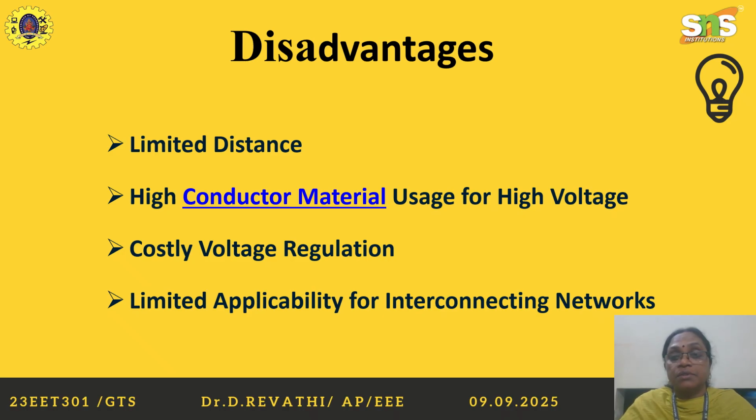So in this session we discussed the ABCD parameters: what is the significance of ABCD parameters, and why they are called ABCD parameters. We are analyzing the voltage regulation and relating the input voltage and current with the output voltage and current.